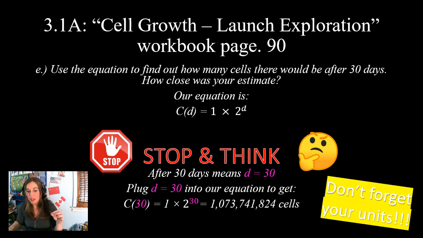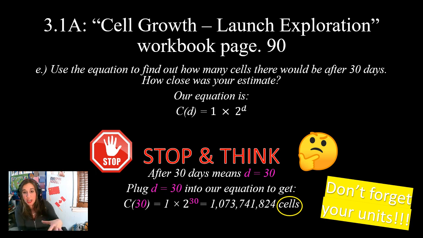Don't forget your units. So important. So many of us lose points here. Do not forget your units. It is imperative. It's incredibly important, you guys. This is an important piece of information. What did we just figure out? We didn't figure out the number of days gone by. That would be an incredibly ridiculous amount of days to have gone by. We figured out the number of cells. And isn't that wild?